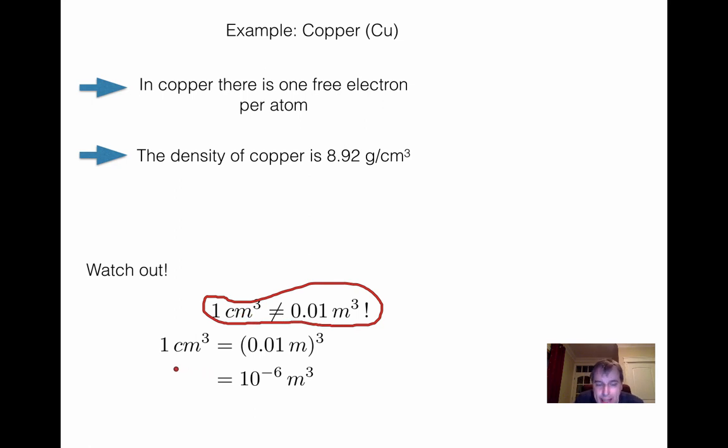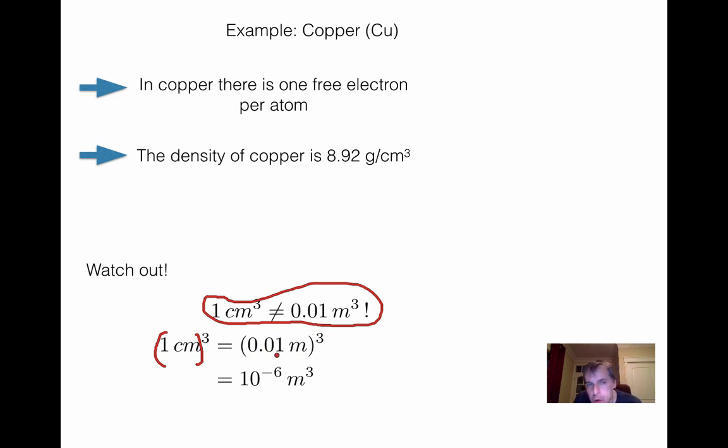The correct way of thinking is that when you write 1 centimeter cube, it's the whole 1 centimeter that is cubed. So 1 centimeter cube is 0.01 meter, all that cubed.